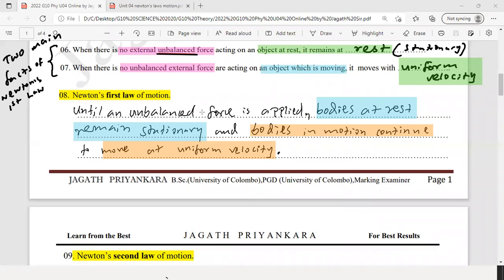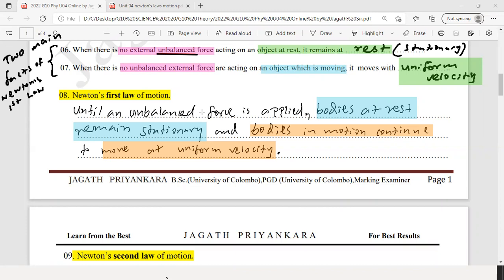Yeah, Afan, any question? Yes, sir. So what happens if we apply a balanced force? Will the body in motion stop moving? No. If you apply a balanced force, when it's moving, it will move with the same speed.